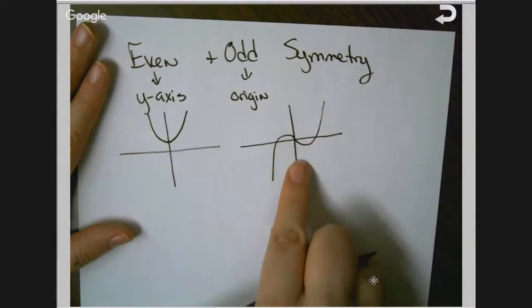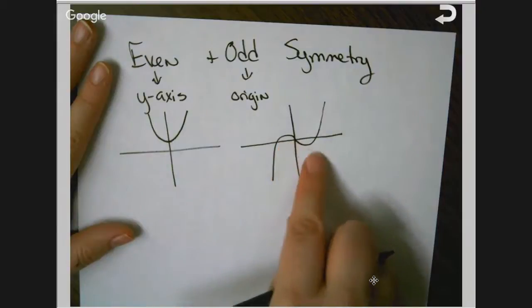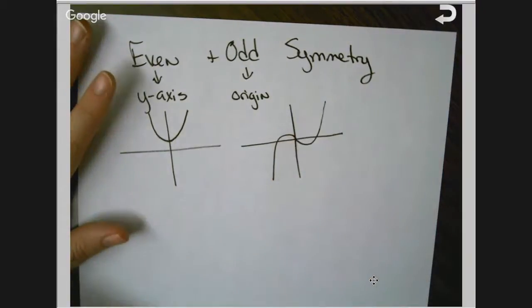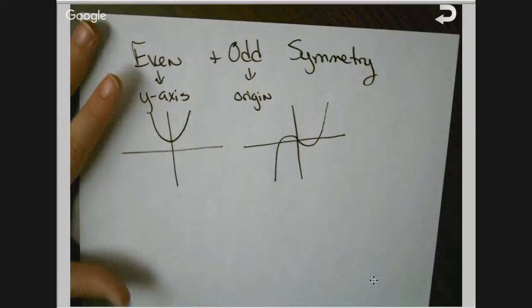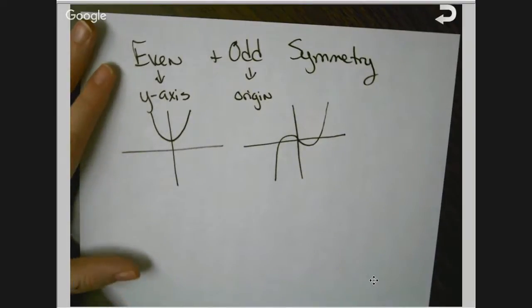Now, realize I'm not a perfect drawer. It's supposed to do the same exact thing, at the same rate and everything, but I was not that good. I'm sorry. Okay, did my best. Don't judge. Visually sometimes you can just tell, but I'm also going to talk about how to find that algebraically.